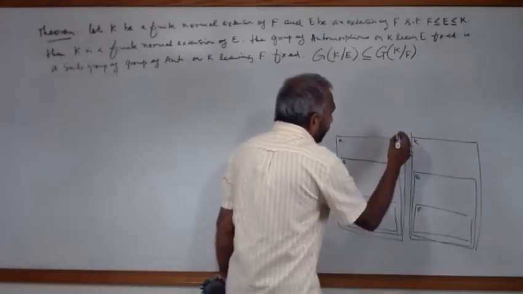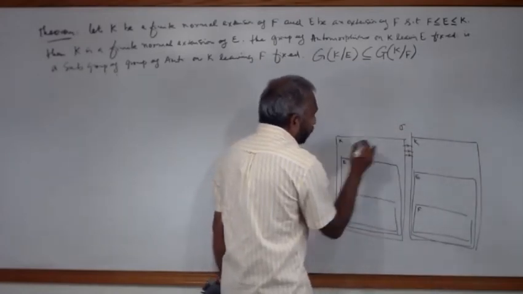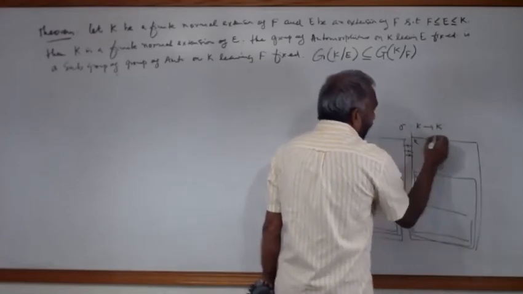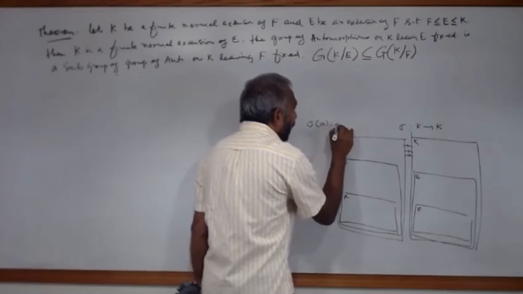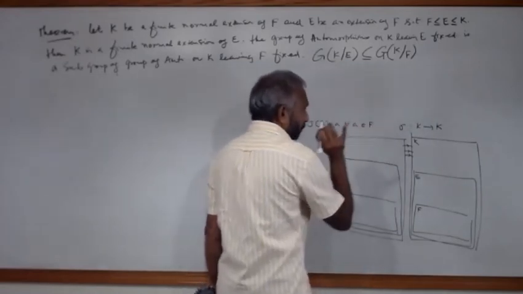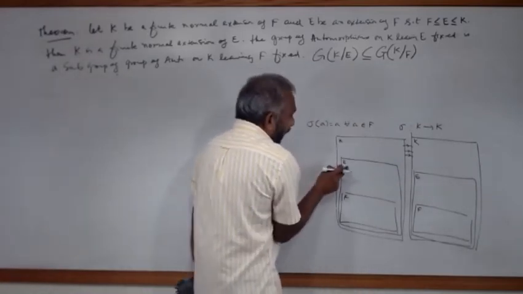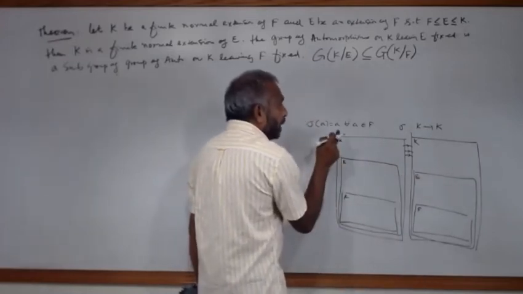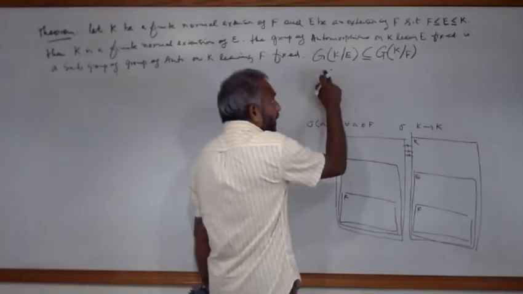So let us say sigma is an automorphism from K to K leaving F fixed, meaning sigma of a is equal to a for all a in F. That does not mean that if you take an element from here, it should map to the same element. Meaning that doesn't need to be an automorphism on E. That is why it's a subgroup.